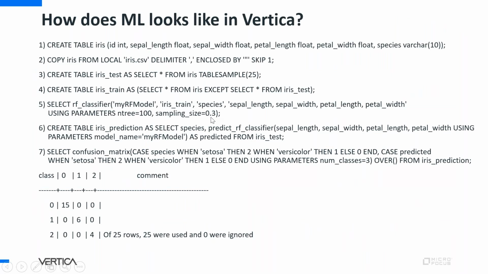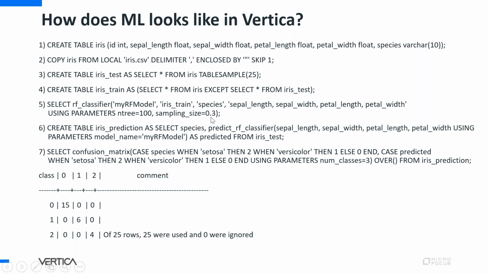How does machine learning look in Vertica? As I said in the past, everything in Vertica is SQL. Even your sample data, you will first load into your own data table. For example, you can create a table and load that data into it using copy commands in Vertica.